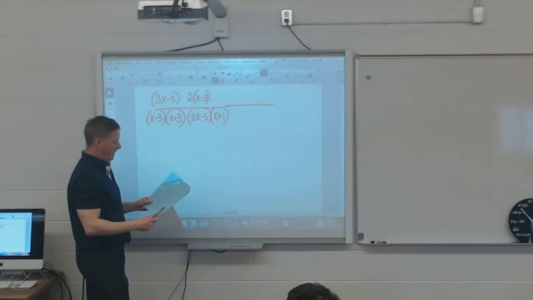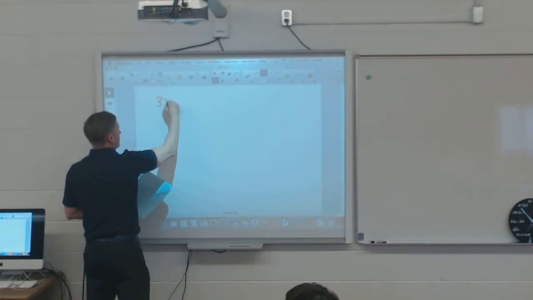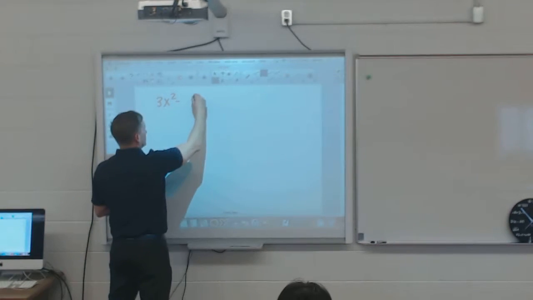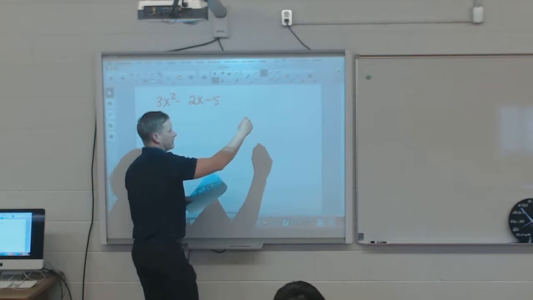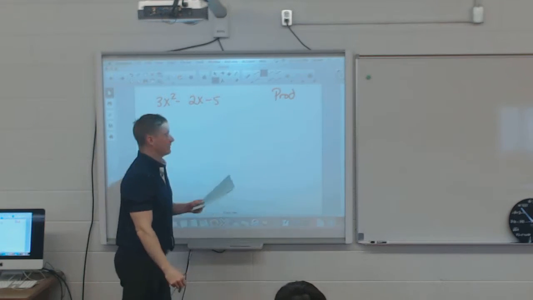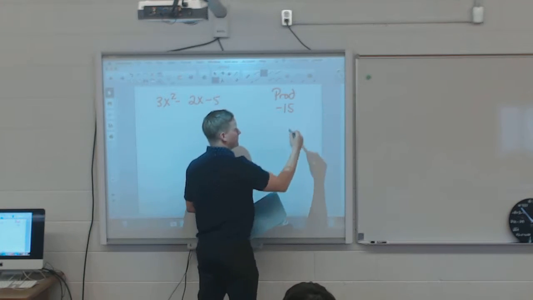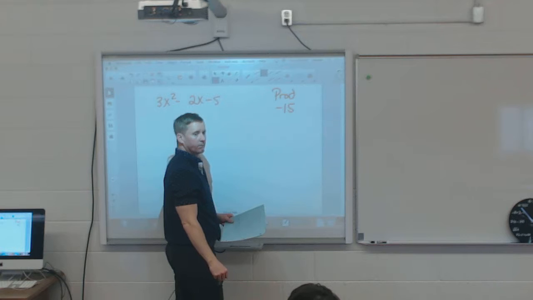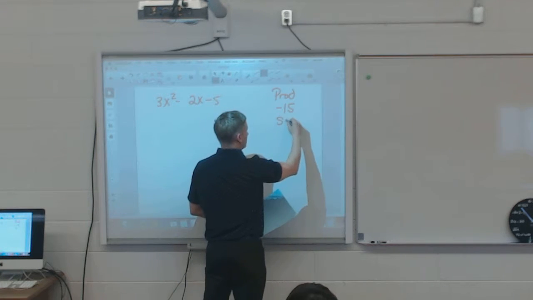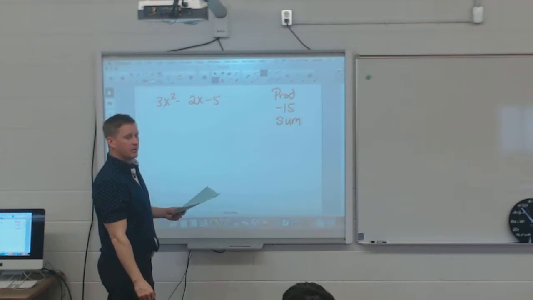How did you get that? I factored 3x squared minus 2x minus 5. Let me do this for you. Because I have an a value and I can't take it away, 3 times negative 5 is negative 15, right? The sum has to equal my middle coefficient. What's my middle coefficient?